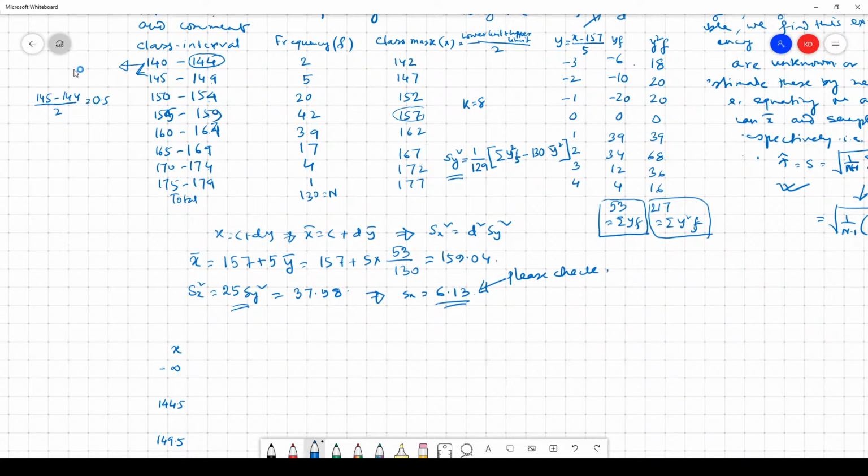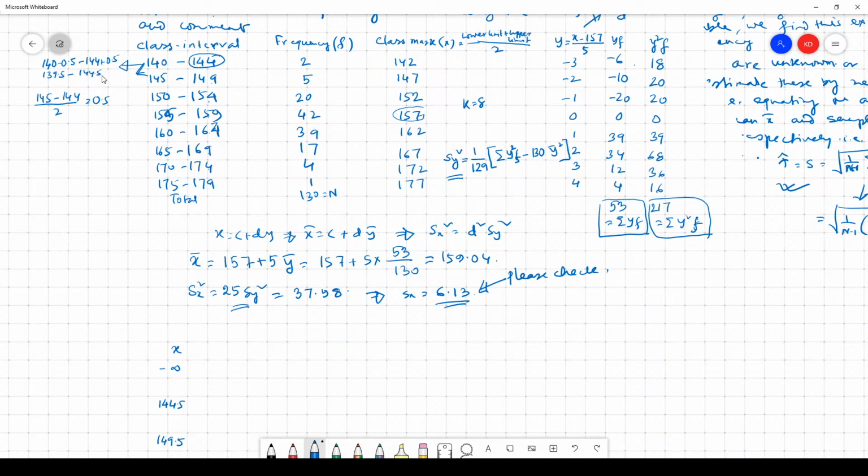And now for the first class boundary, we take lower limit minus 0.5 to upper limit of class interval 144 plus 0.5. So this is 139.5 to 144.5.